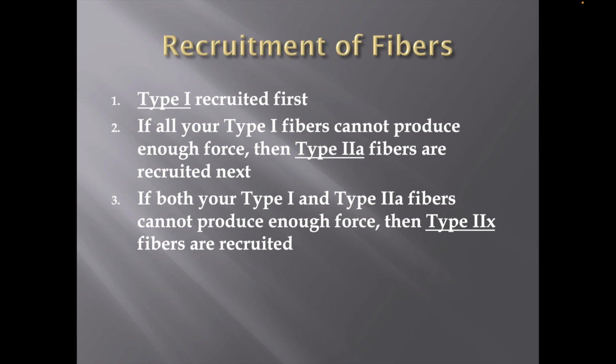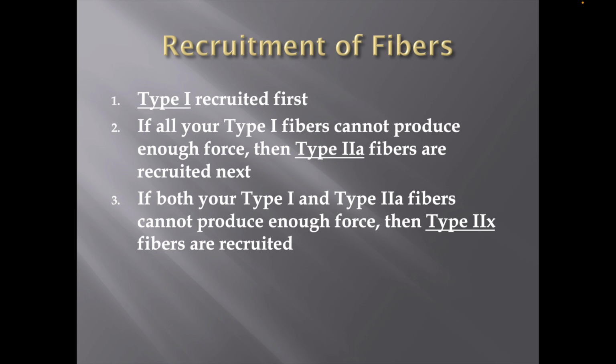So as this person's squatting there, type 1's not enough, so then they've got to, in addition to recruiting all those type 1 muscle fibers, recruit the type 2A muscle fibers next. So that person's squatting, using all the type 1 and type 2A muscle fibers it can, but that still is not enough to lift the weight.